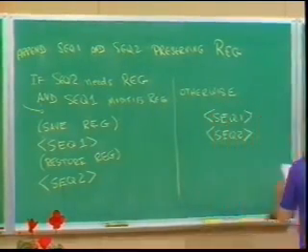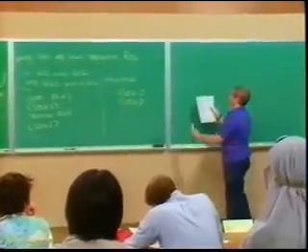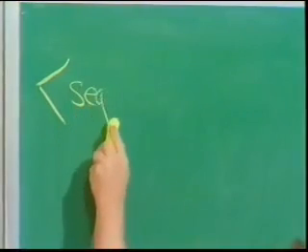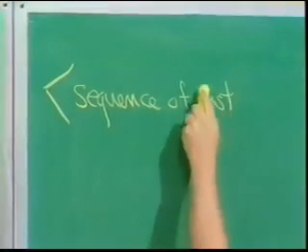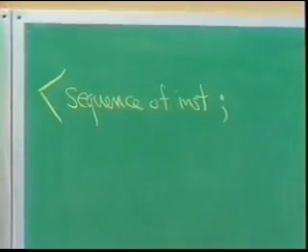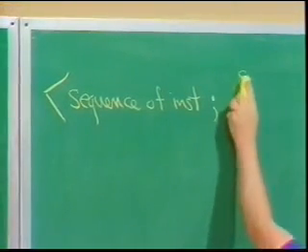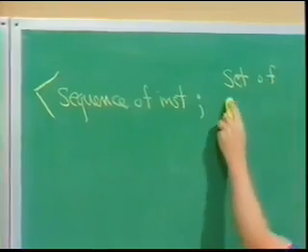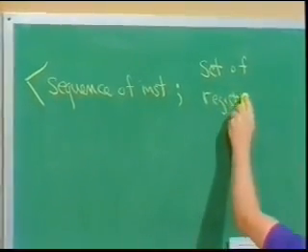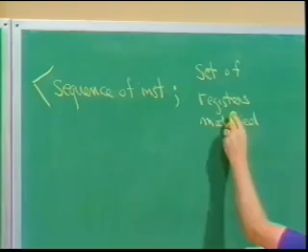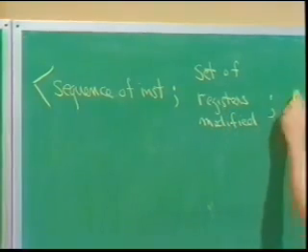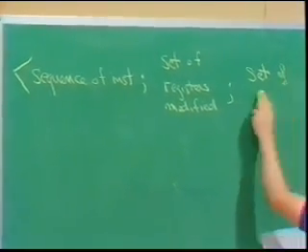So the bottom level data structures, well, say this: a code sequence to the compiler looks like this. It has the actual sequence of instructions, and then along with it there's the set of registers modified, and then there's the set of registers needed.